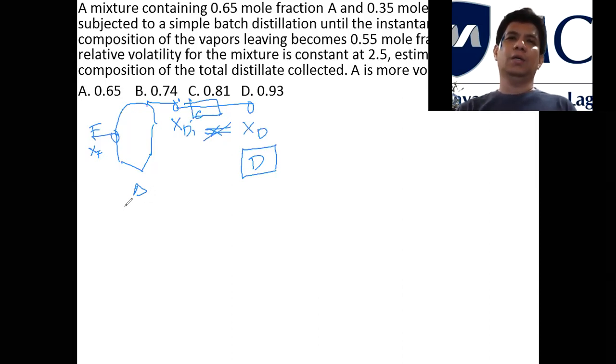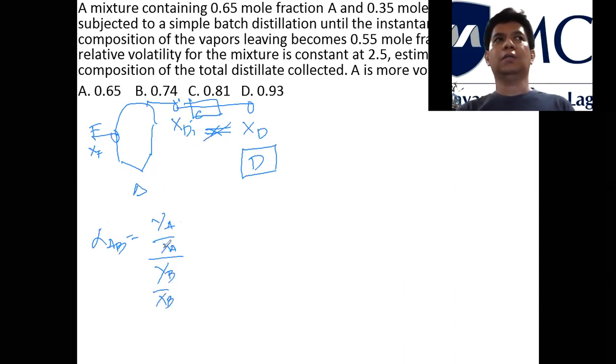That's why we need to resort to the equation alpha AB is equals to y sub A over x sub A divided by y sub B over x sub B. Ano to? Instantaneous to, no? Palagi itong instantaneous. Ngayon, yung x sub A at saka x sub B, equal yan sa XW.